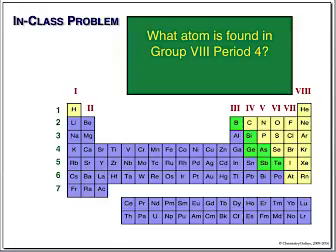Group 8, period 4. 8 is here, period 4, we're down here, Kr. Kr is krypton. It's not kryptonite, it's not green, it doesn't glow, and it's not toxic to anybody. So remember, groups across, periods down.